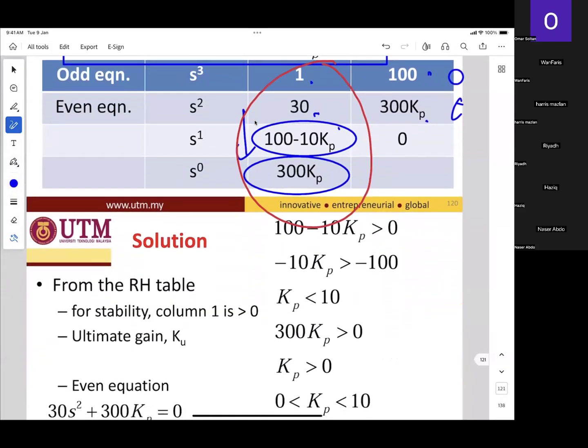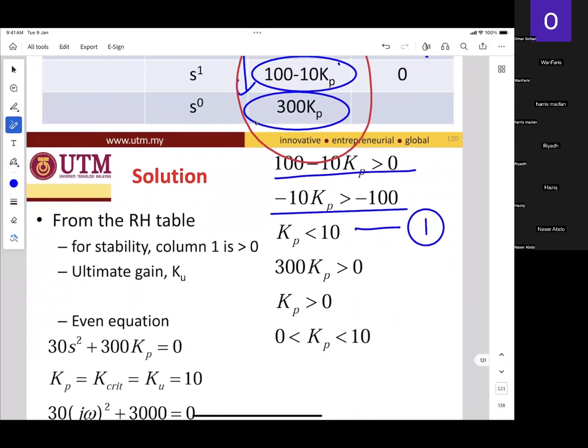So 100 minus 10 Kp greater than 0. Then minus 10 Kp greater than minus 100. Simplify, Kp is less than 10. 300 Kp greater than 0, Kp greater than 0. So that's why the range of stability for Kp is between 0 and 10.